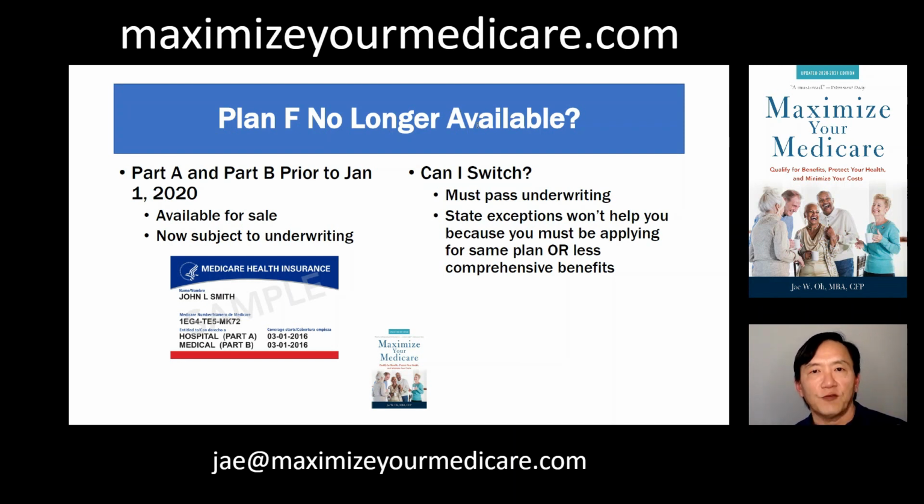Meaning you can change from Plan G to Plan F, but those states which have a birthday rule or an anniversary rule, for example Oregon or Washington, which are modified, depending on your state. California has the birthday rule. But you need to be going to the equivalent plan or weaker, not a plan with additional benefits. That means that from G to F, formally speaking, requires underwriting.